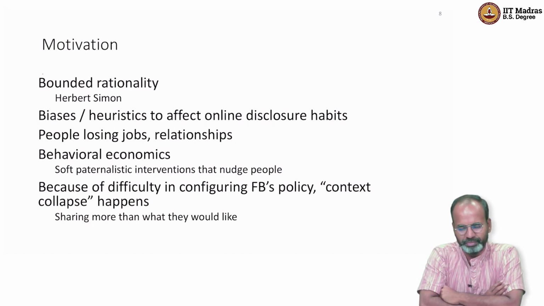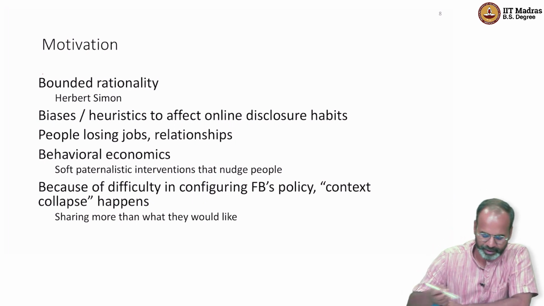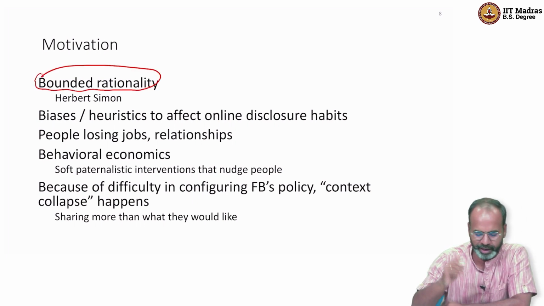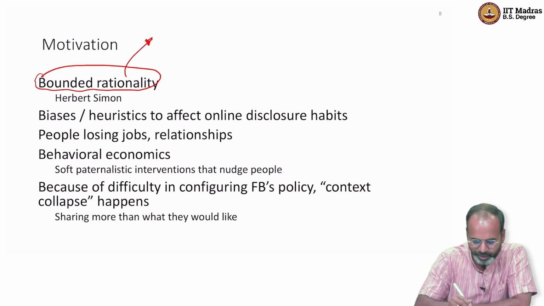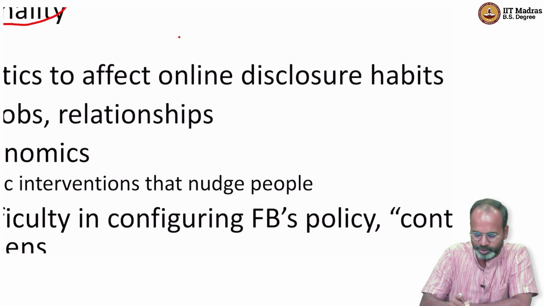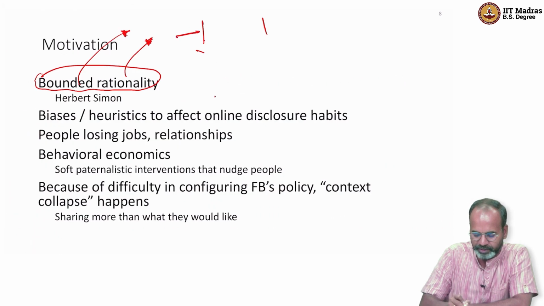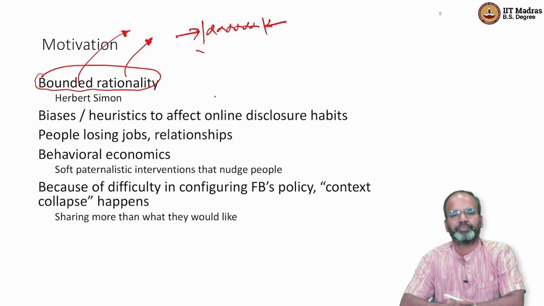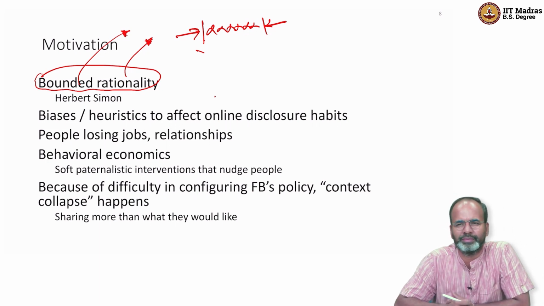There's an idea called bounded rationality, which is that human beings behave in some rational way, but the rationality is also bounded. User behavior happens only within a certain set of choices that are available to us. I think there's a book called Rationally Irrational or Irrationally Rational, something.